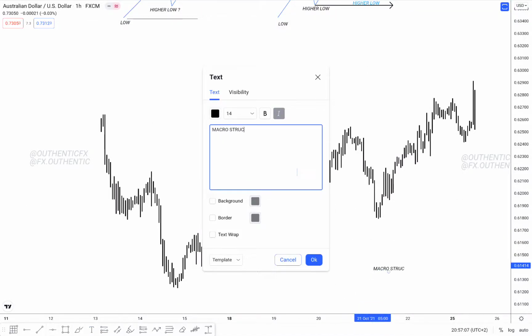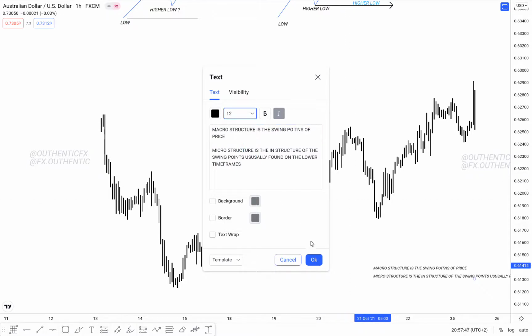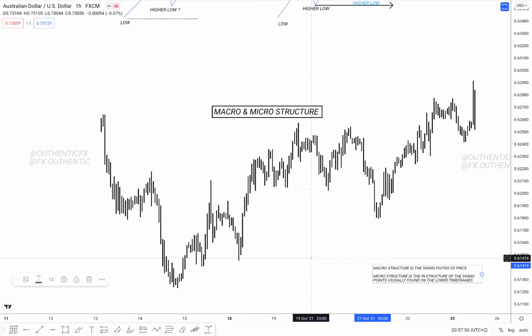Macro structure is the swing points of price, and micro structure is the inner structure of the swing points, usually found on the lower time frames, guys. Just keep it here as our notes, right?